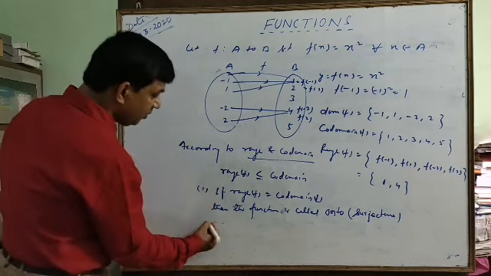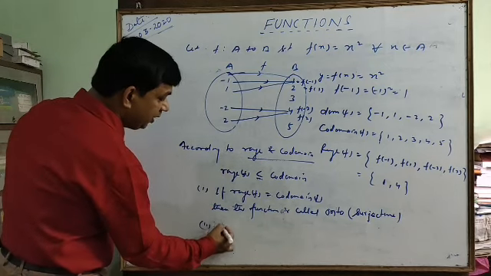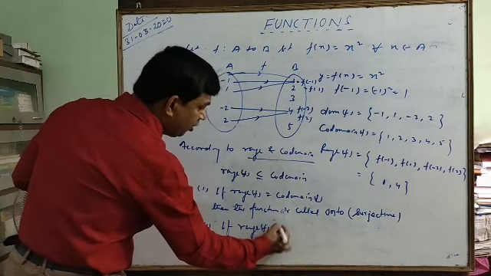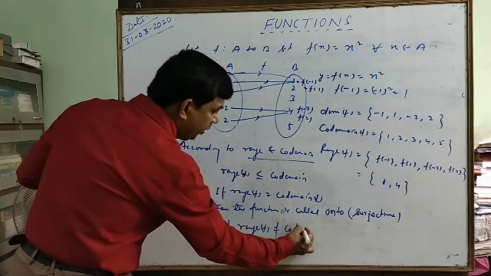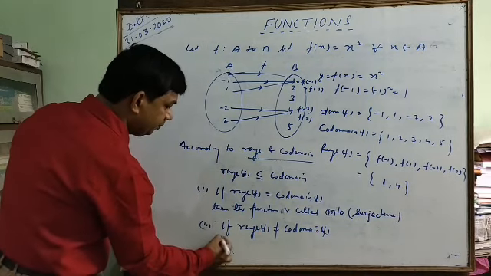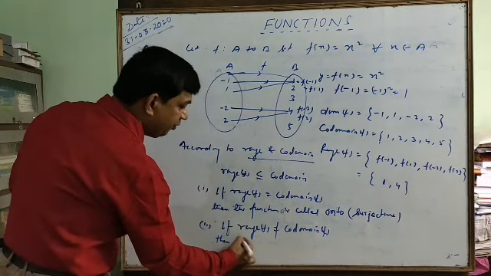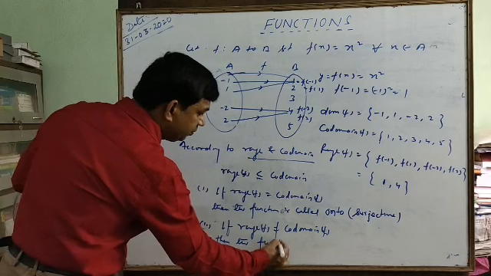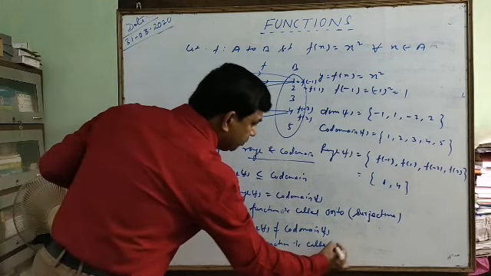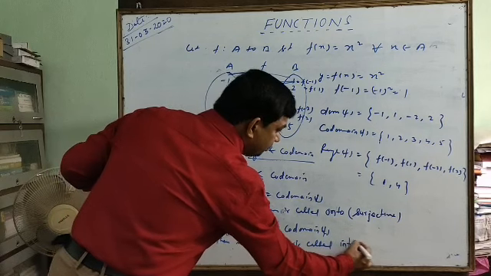function. Number 2, if range f is not equal to codomain, then the function is called into function.